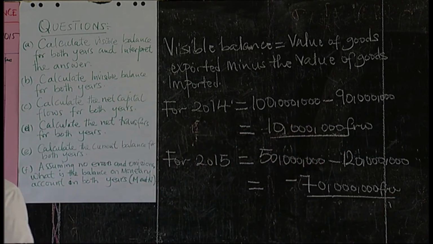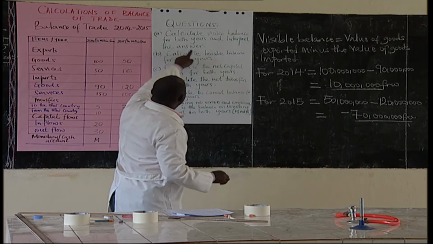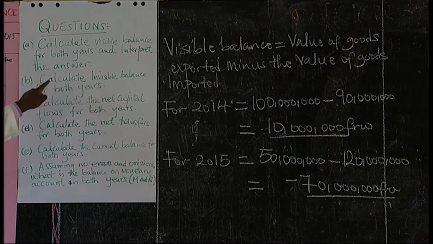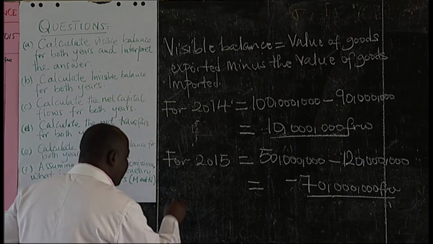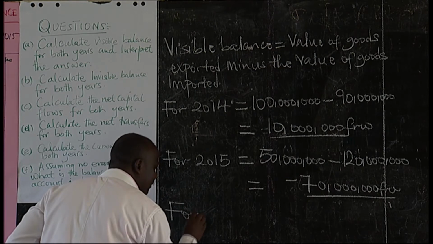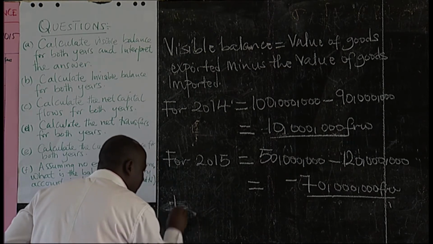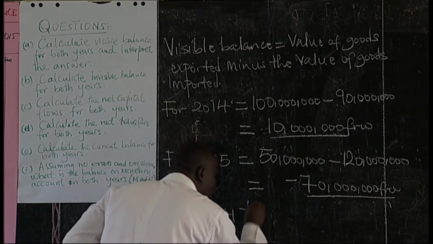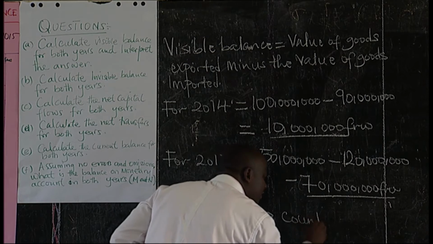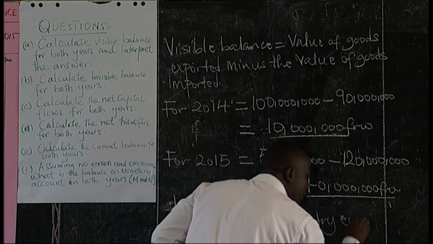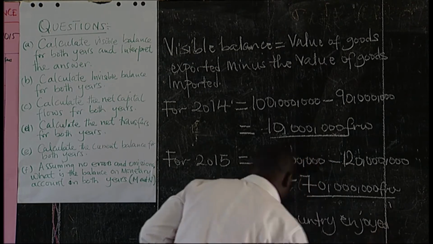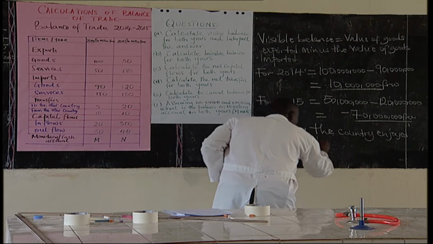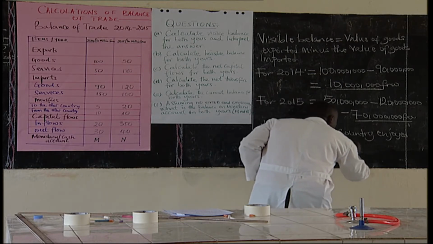Then, they are telling us to interpret the answer. We have not completed the question. How do we interpret the answer? We shall say in 2014, the country enjoyed a favorable visible balance.